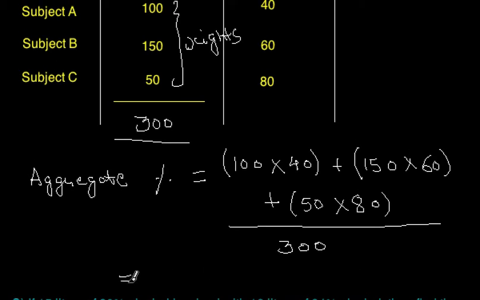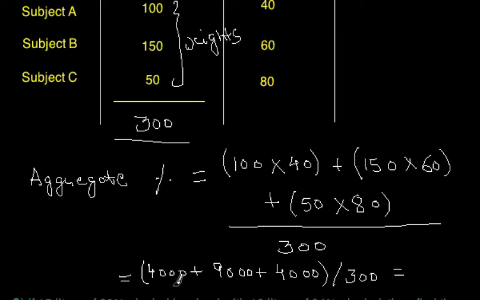So 100 into 40 is 4000, plus 150 into 60 is 9000, plus 50 into 80 is 4000, and we divide this whole thing by 300. We get 9000 plus 4000 is 13,000, plus 4000 is 17,000, divided by 300, that would be 170 upon 3. So this is the aggregate percentage for this particular student.